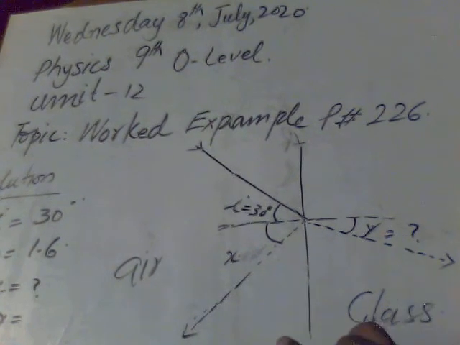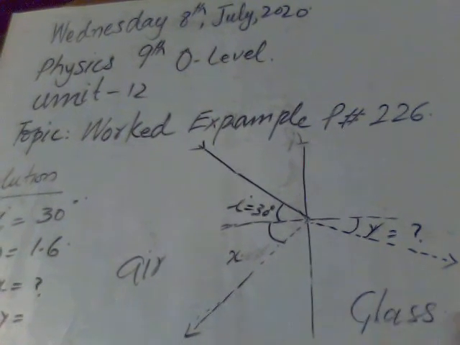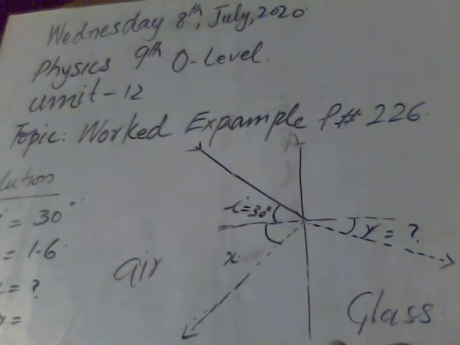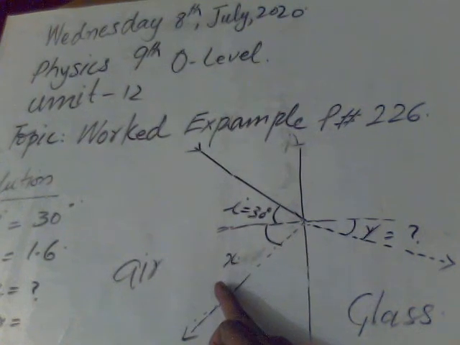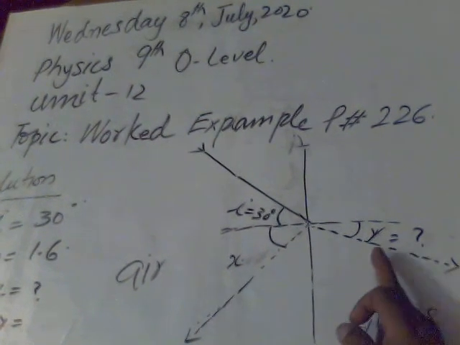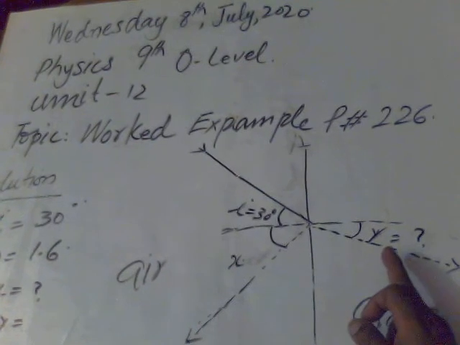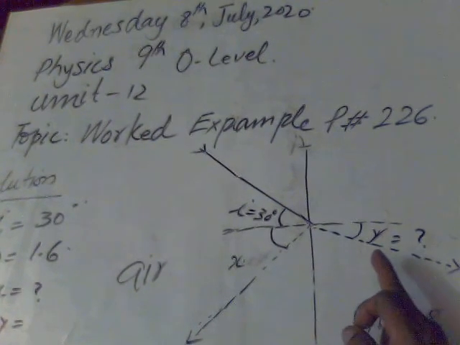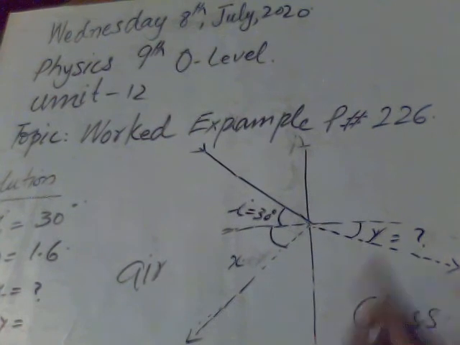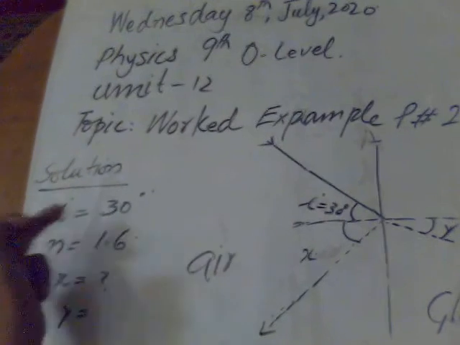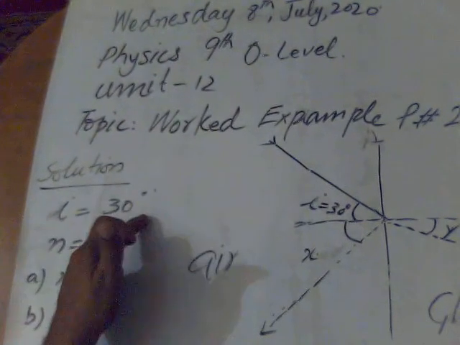Angle of reflection and refraction are both represented with a small r. Here the angle of reflection is represented by x, and on the other side the angle of refraction, also r, is represented by capital Y. In the data, i is 30.